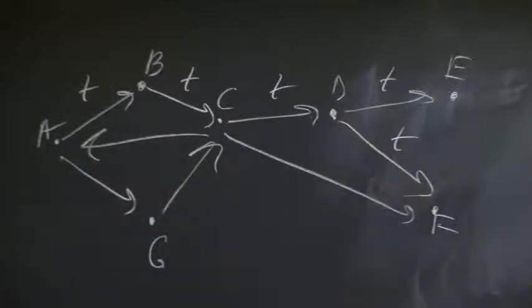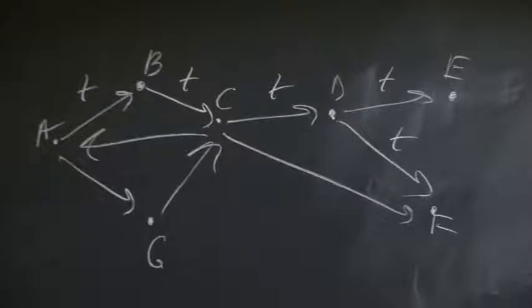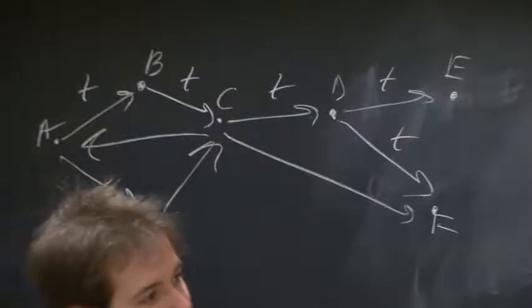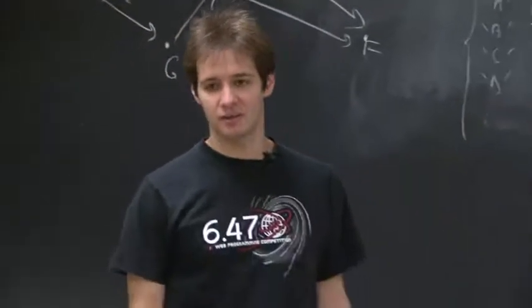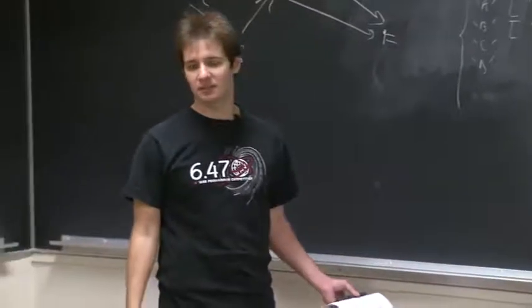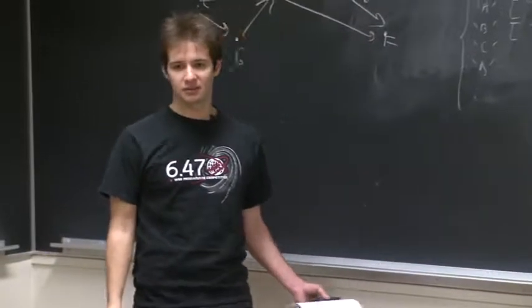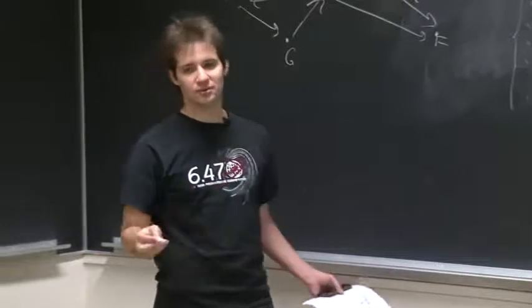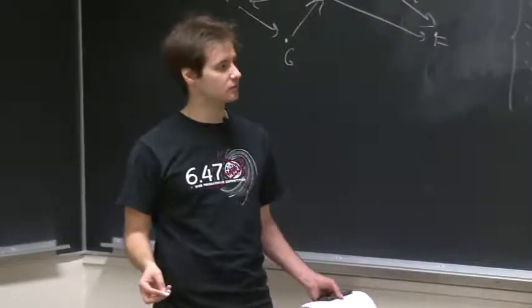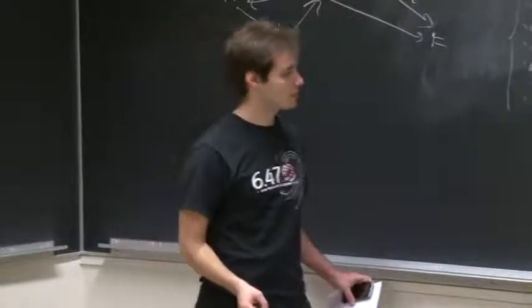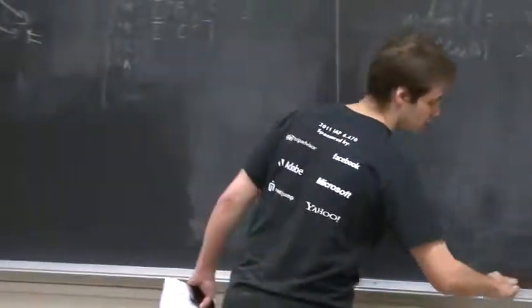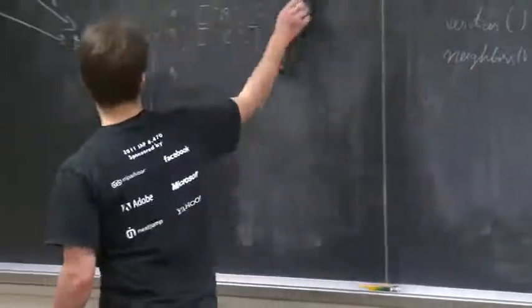Does anyone know why they're called tree edges? If you look at the parent pointers that we have there, they're going to end up defining a tree. And the tree shows the order in which DFS looked at the nodes. So let me erase this and draw the tree for DFS that we had so far.